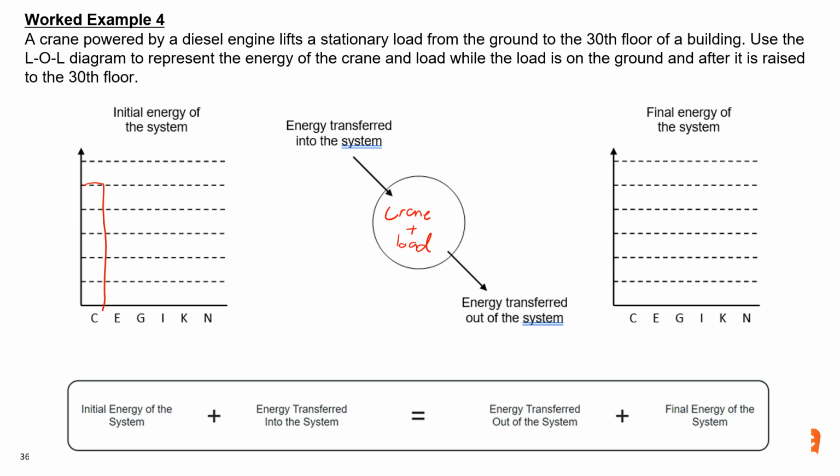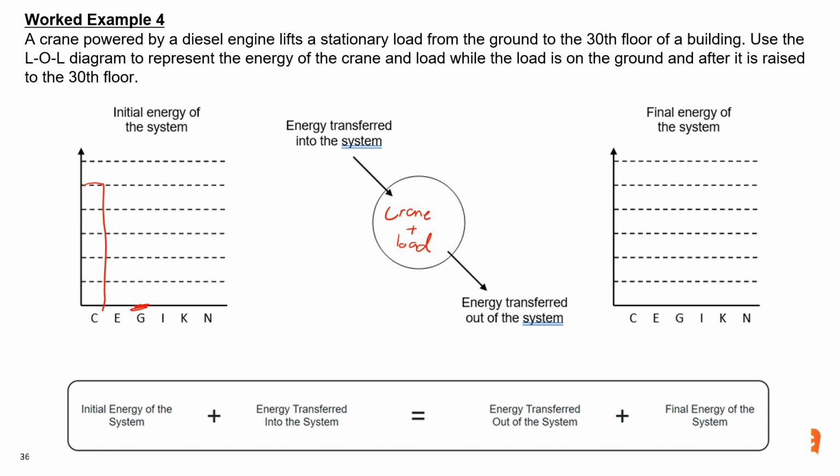Afterwards, E represents the elastic potential. Nothing here is being compressed or stretched, so that's 0. Gravitational potential store, because our stationary load is on the ground, let's put it at 0 as well.